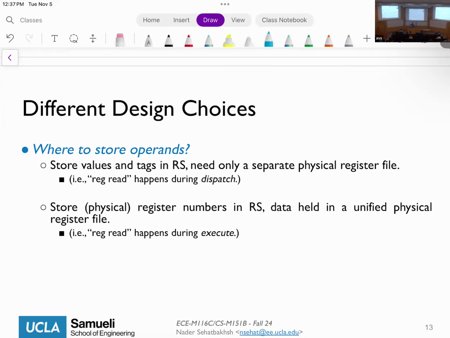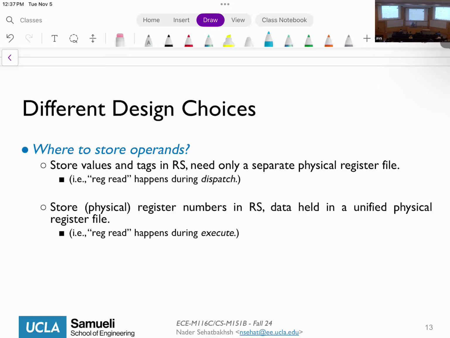And so this is just summarizing what I just said. Essentially, the question of read after issue or read before issue is where should I store the data, right? If I store the tags and values all together, I have one option. If I put the data also into the reservation station, then I have a bigger reservation station, right?